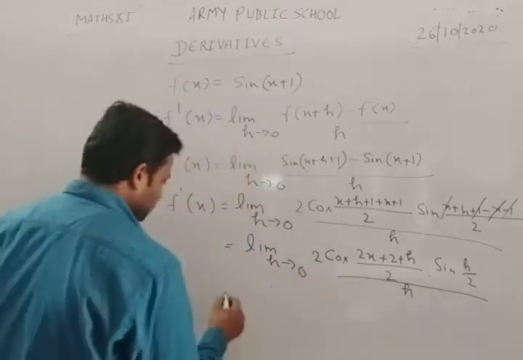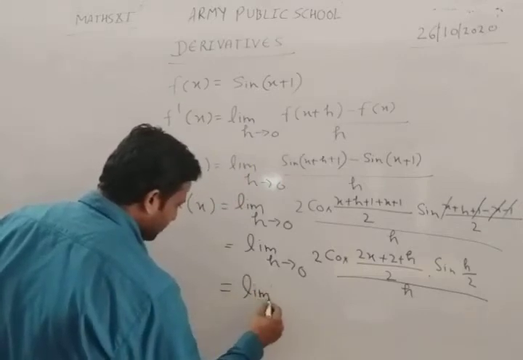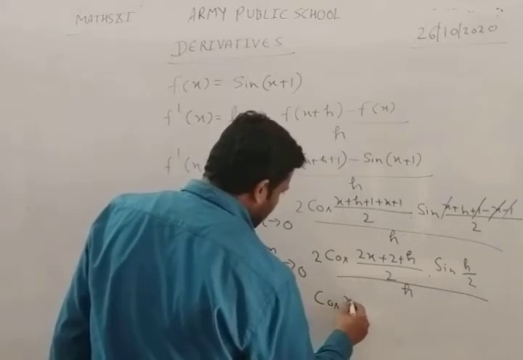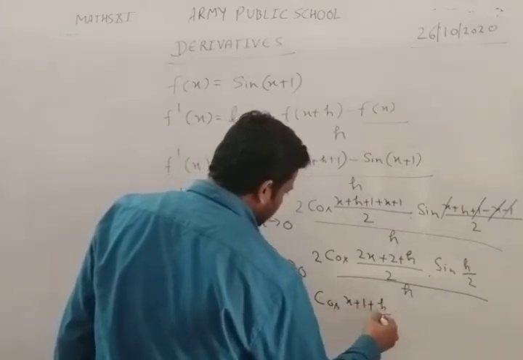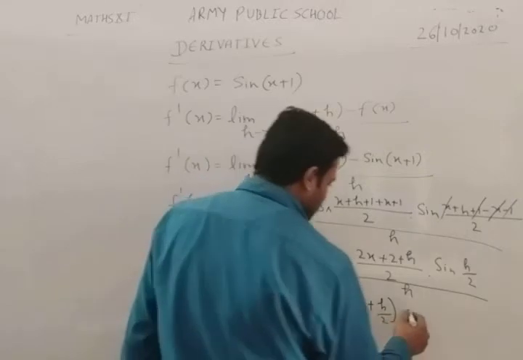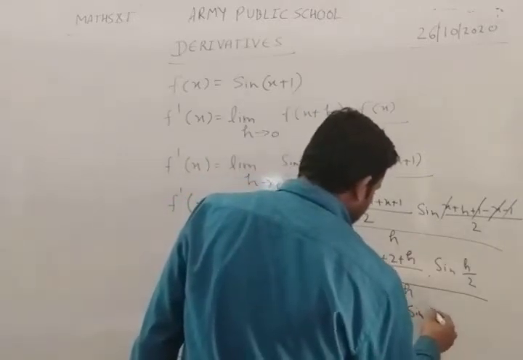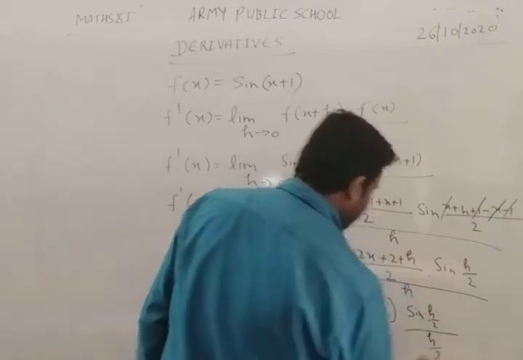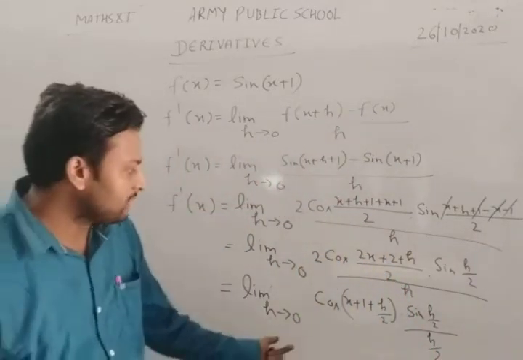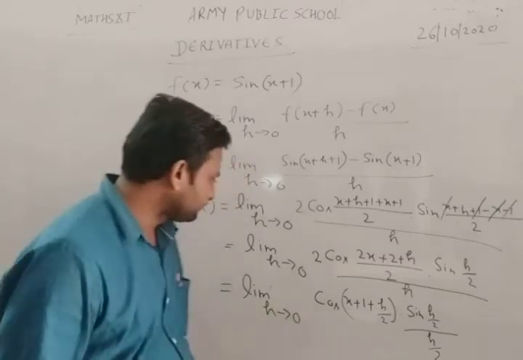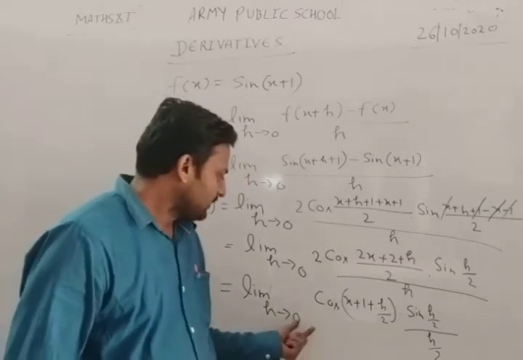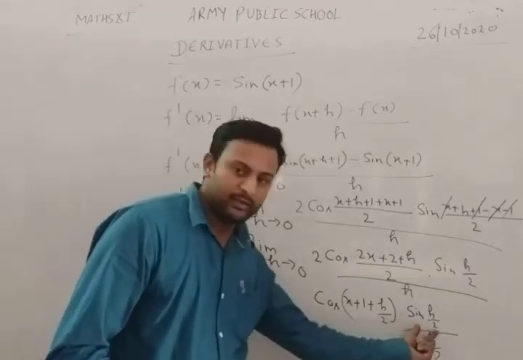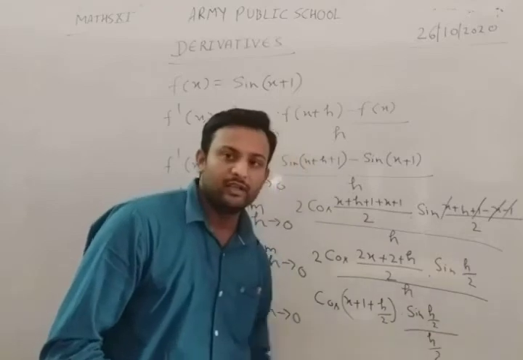We get limit h tends to 0 cos(x + 1 + h/2) into sin(h/2) divided by h/2.